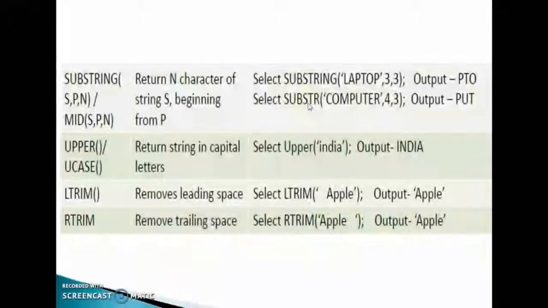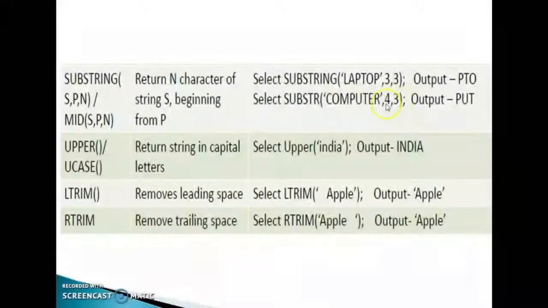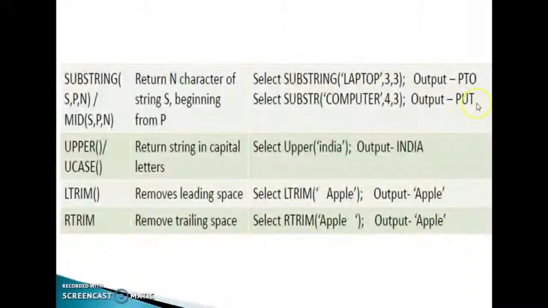Mid also works this way. Substr computer 4,3. 4 is the position and 3 characters it will take. Computer is the string, 1, 2, 3, 4. P is the 4th character. From this 4th character onwards it will take 3 characters. So the output is PUT.